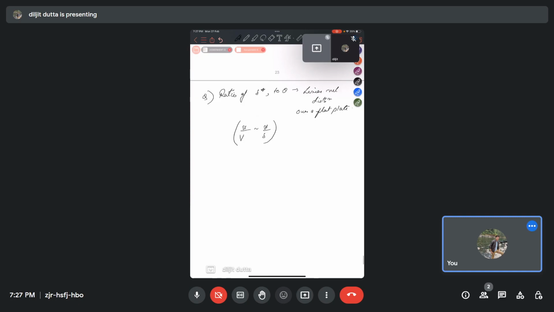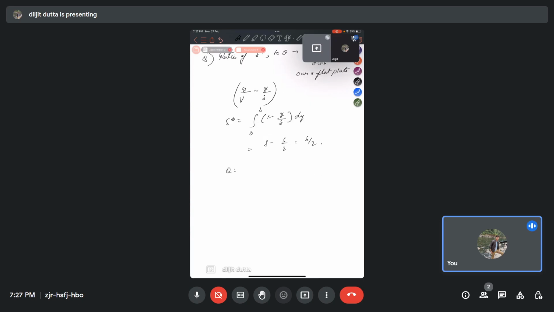So let us calculate delta star, which comes to delta by 2.